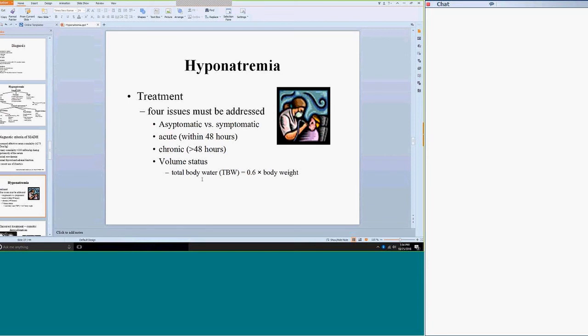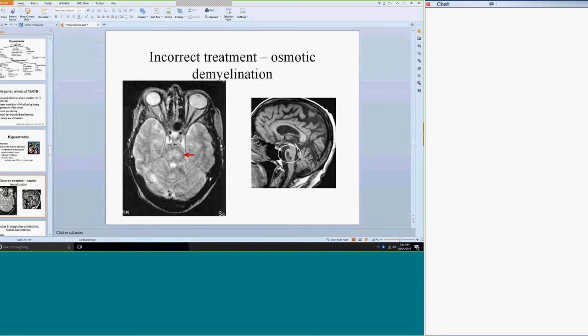And the volume status of the patient: if someone is dehydrated, you give them IV fluid, so volume status is important. Because incorrect treatment can lead to osmotic demyelination, or central pontine myelinolysis.